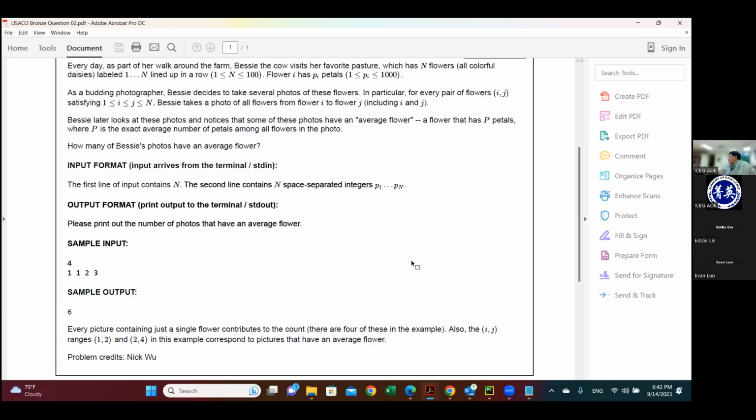So you understand this question, what is an average flower? You understand that, Stephanie? When it said average flower, what does it mean? So this explains it, right?